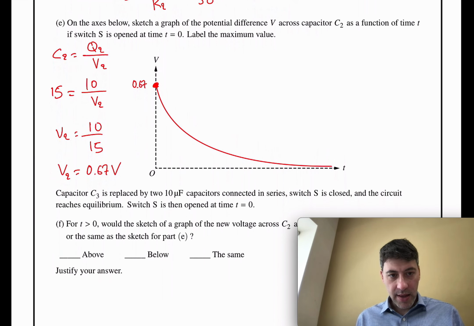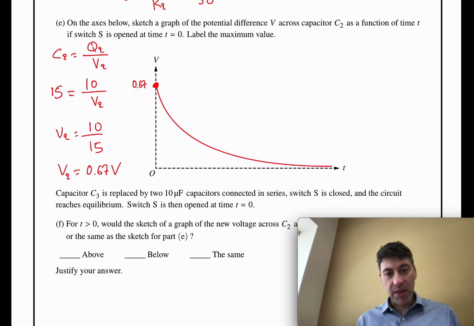And the capacitor C3 is replaced by two capacitors, 10 microfarad each, and eventually again when we close the switch, the circuit will reach equilibrium.